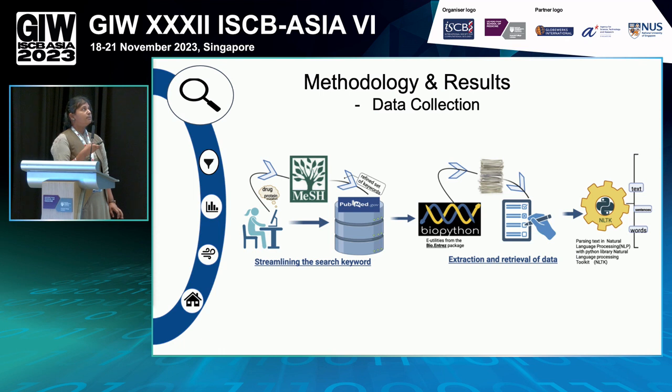Everybody who's working in NLP and machine learning might be aware of this, that this is the favorite or first choice of people who work in NLP. So here we parse the data extracted from these papers into text, sentences, and words, targeted at our objective data, that is the drug, the drug target, and the mutation.